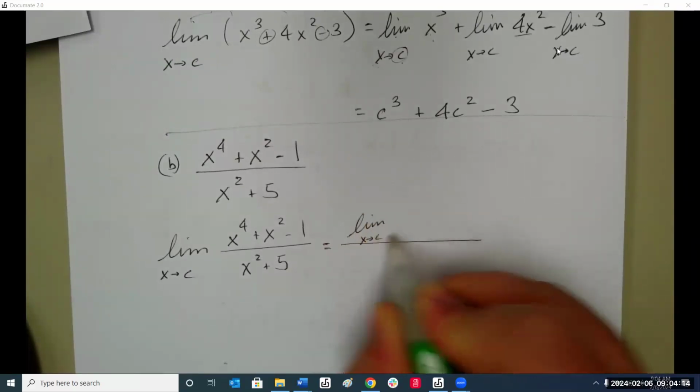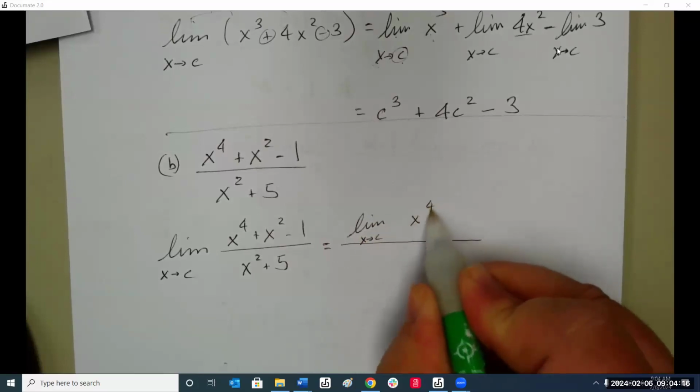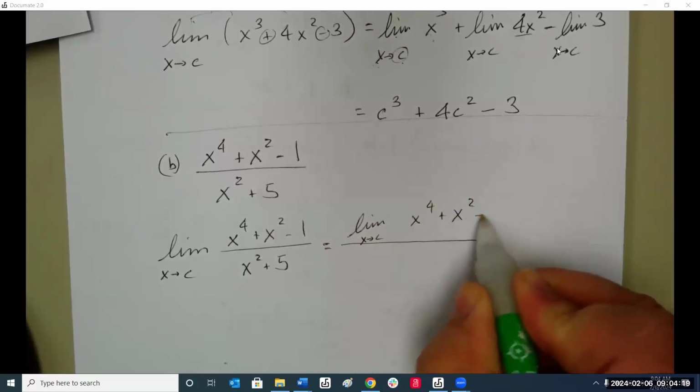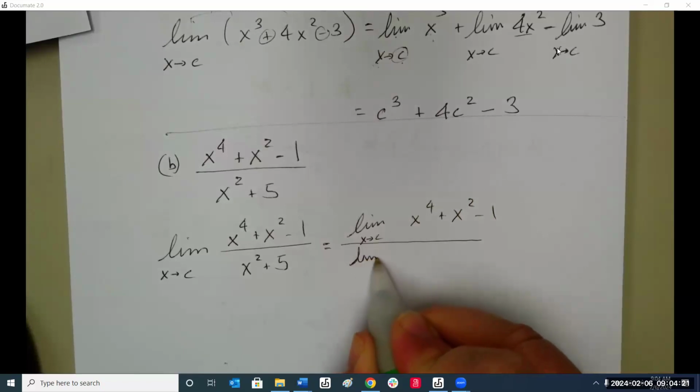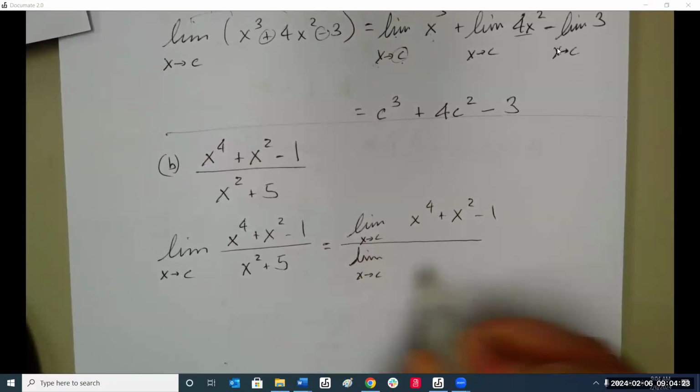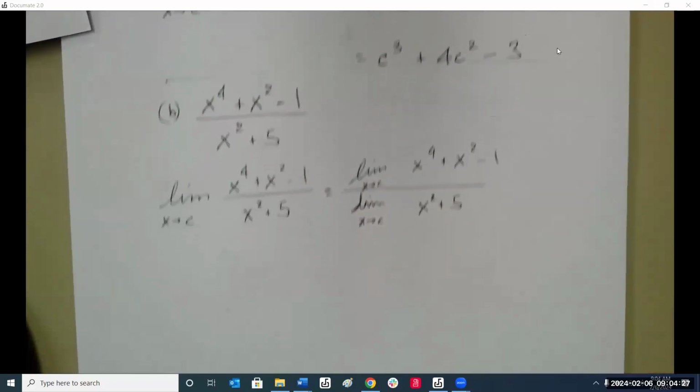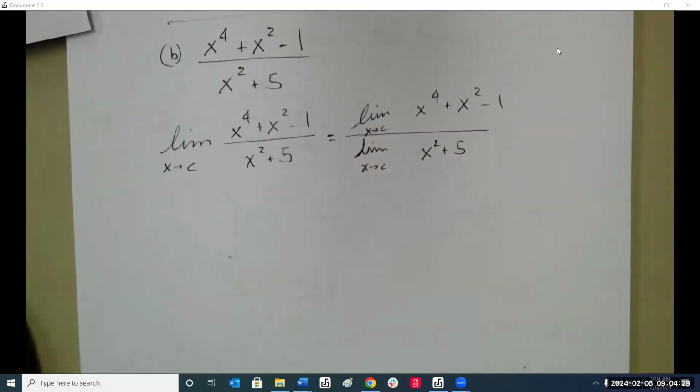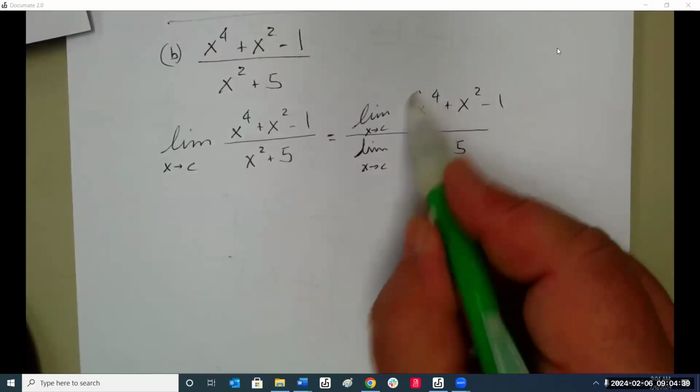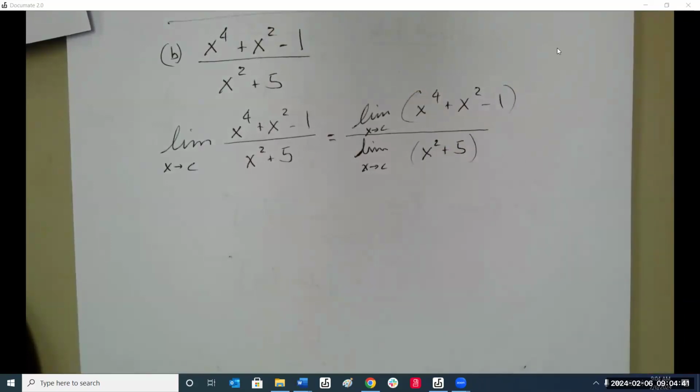The limit as x approaches c of the top number over the limit as x approaches c of the bottom number. So we have to first apply the quotient rule, because we have to split them up. Now what we have here, we can use the sum and difference rule.